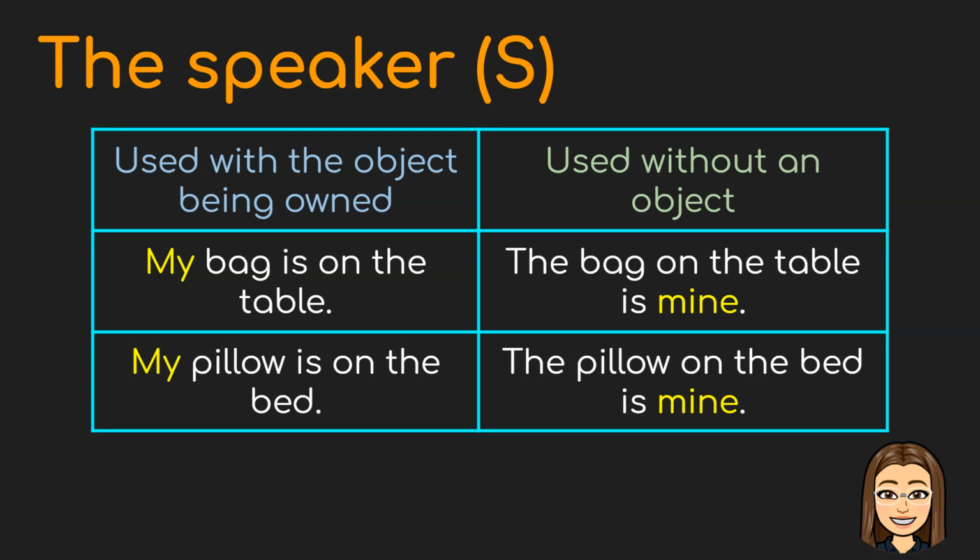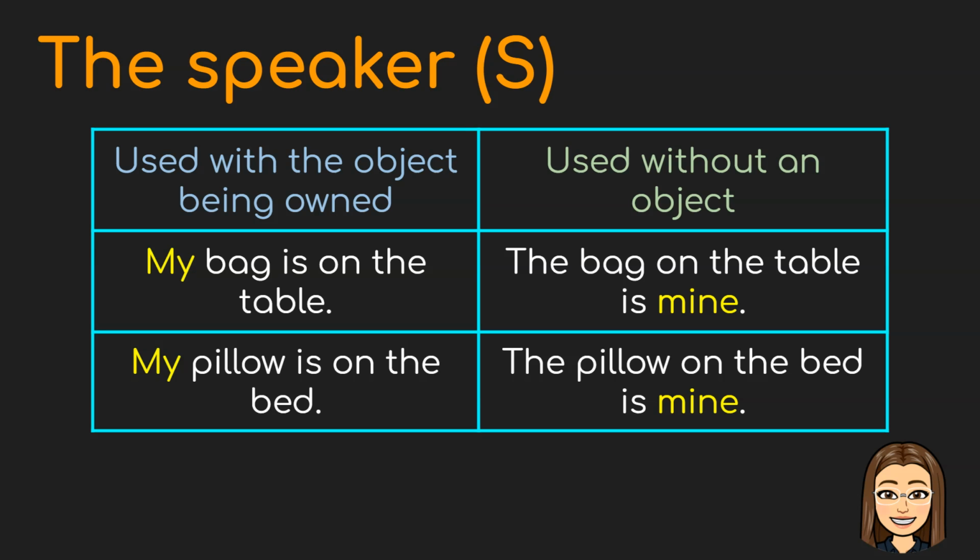And after the possessive pronoun, you can see there the object being owned by the pronoun. For example, in the first sentence, my bag is on the table. The object being owned is bag. On the second one, my pillow is on the bed. And the object being owned is the pillow.